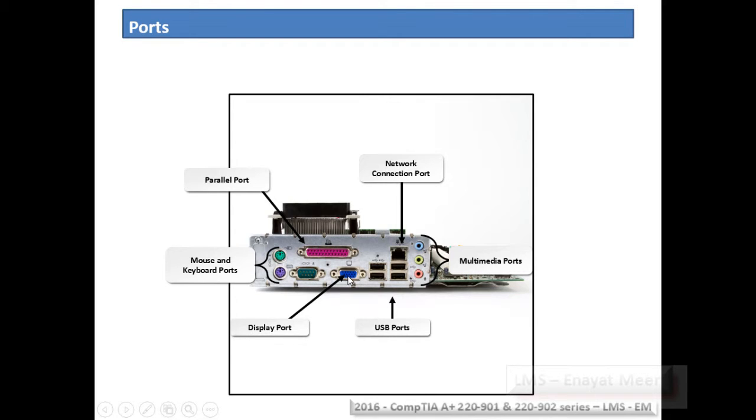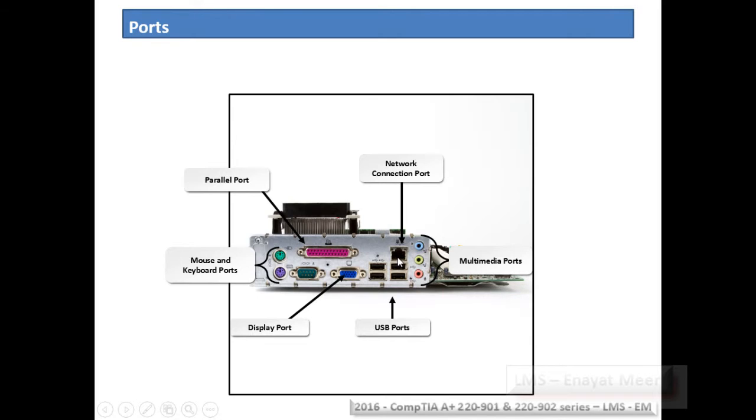This one basically has 3 rows and 15 pins, and that is used for a regular VGA, video graphics array. And you have built-in USB ports, and RJ45. RJ stands for registered jack, and that is used for networking. So you talk to the whole world using this RJ45 port actually.